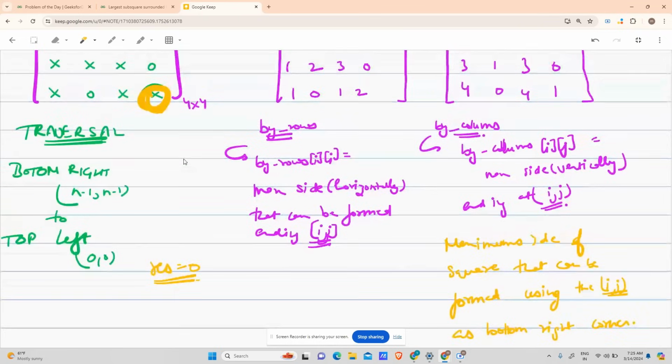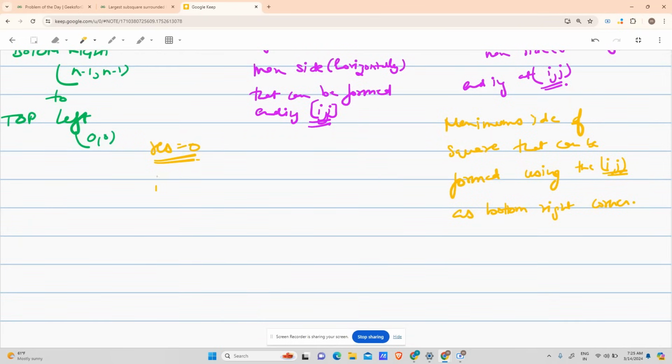So we are doing the traversal. Let's say the loop is known as traversal. That is easy to do, right? We will use two nested loops to traverse, and this loop is currently at ij.